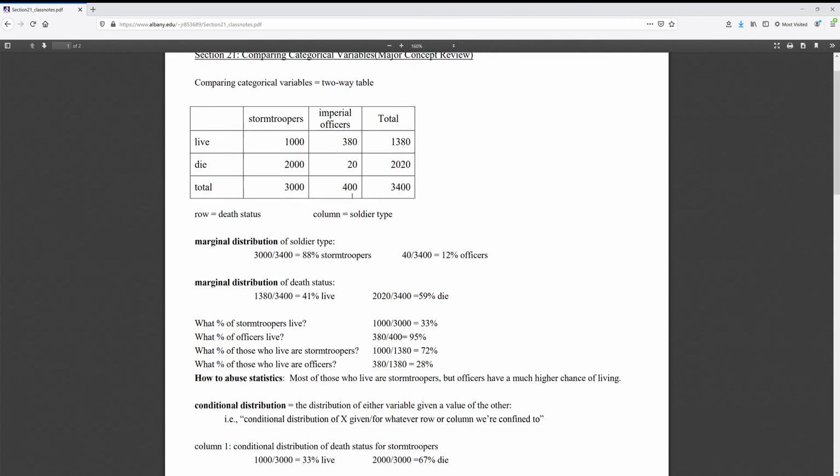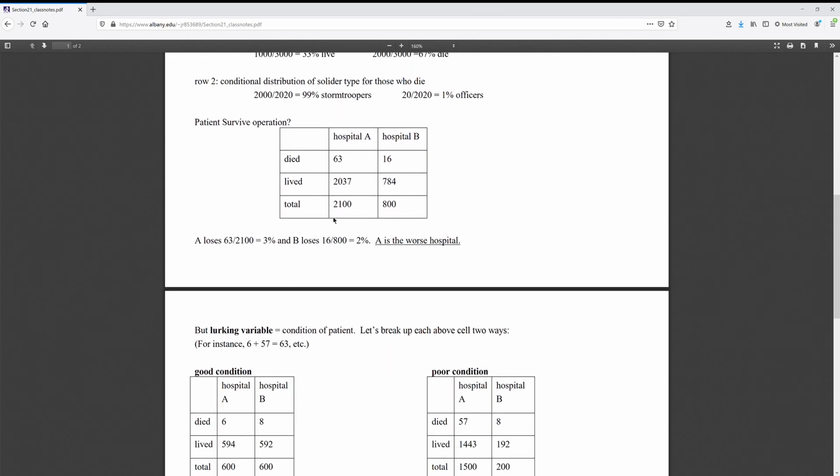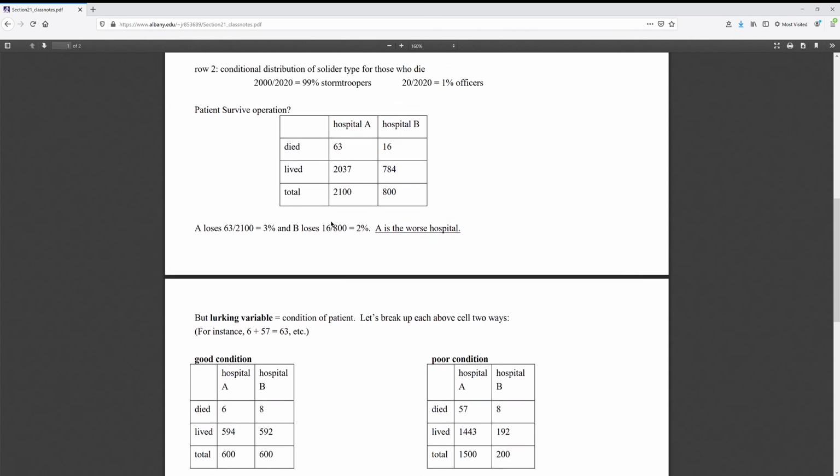And weird things happen when you do things like that. You can see what's going on if you look at the numbers. If you're in good condition, then you have a 50-50 chance of going to hospital A or hospital B. On the other hand, if you're in poor condition, then a lot more people go to hospital A than to hospital B.